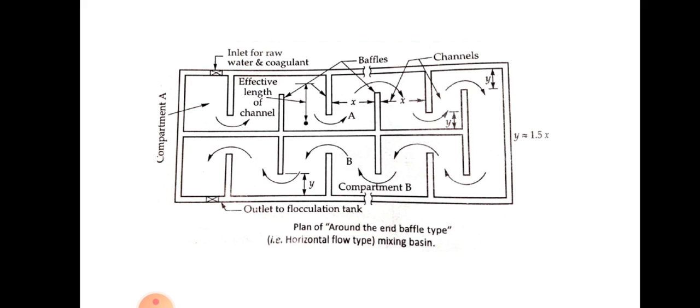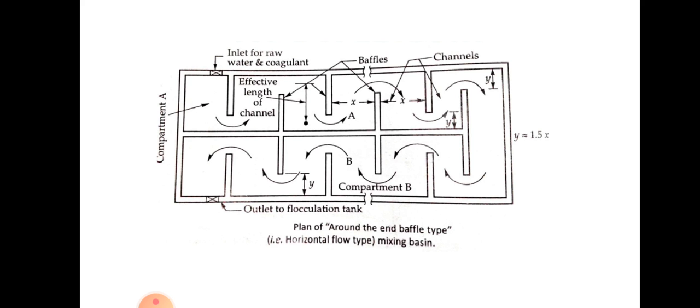When it comes to over and under baffles, the water will move vertically over and under the baffles, so we call it a vertical flow type. The disturbances that are created by the baffles in the path of the flow give the required mixing. Normally the horizontal flow type is more preferred because it is easier to clean this type of basin.